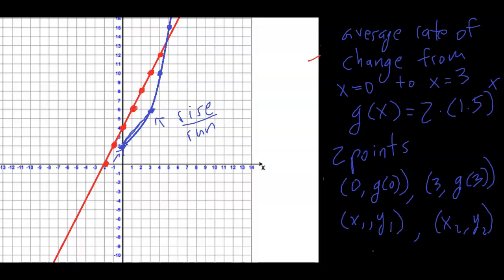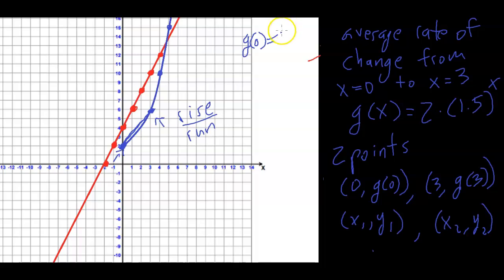All right, let's try to calculate those 2 points here. There's not a lot of room to work with, is there? So I'm going to have to write on this graph. Let's calculate g of 0, because we need to know the value of the function g at x equals 0.